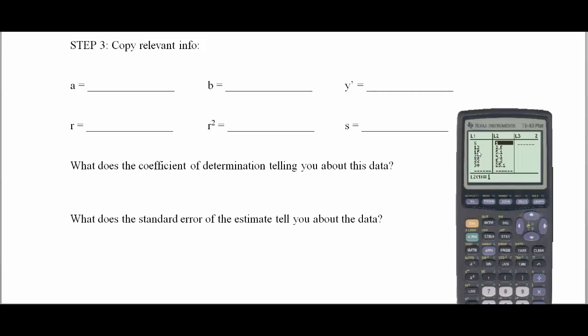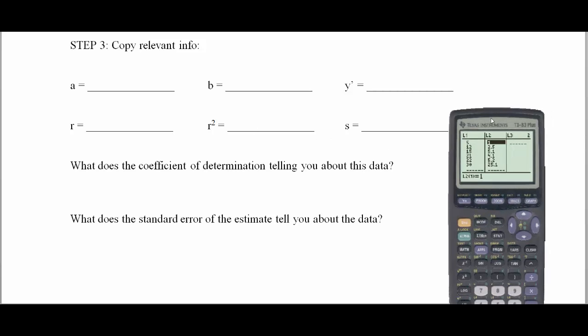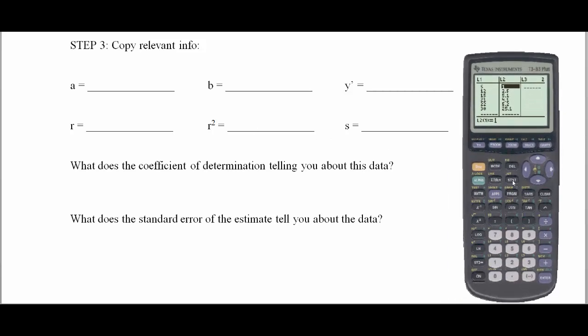Awesome. So what I'm going to do is get this relevant info here by doing the shortcut. The shortcut is to click Stat, move over to Tests, and then scroll down to option either E or F depending on your calculator, and this one happens to be E, the linear regression t-test.